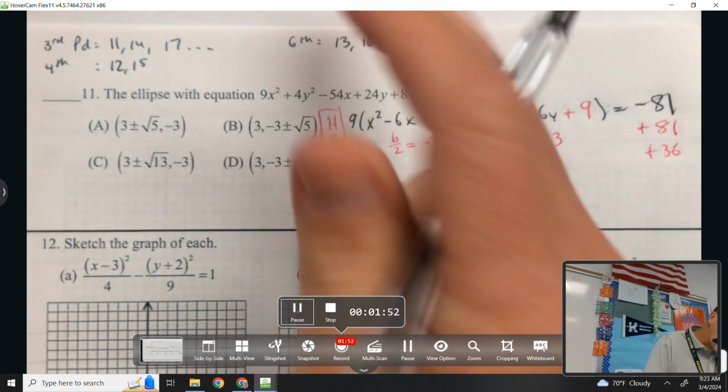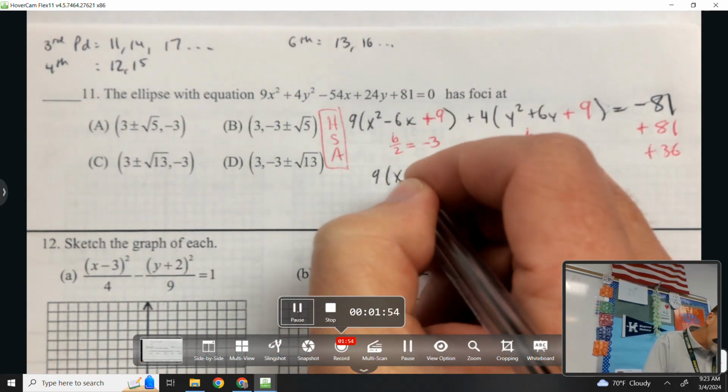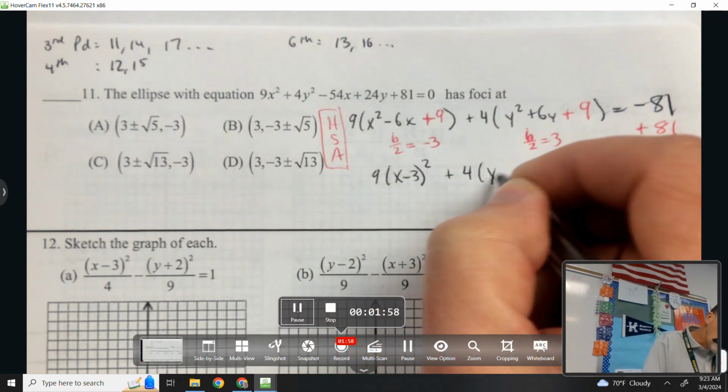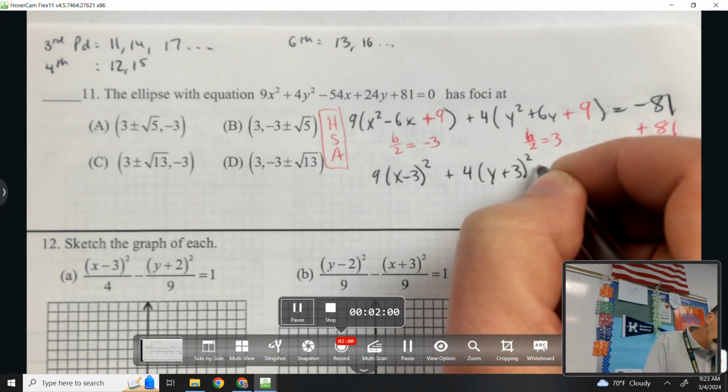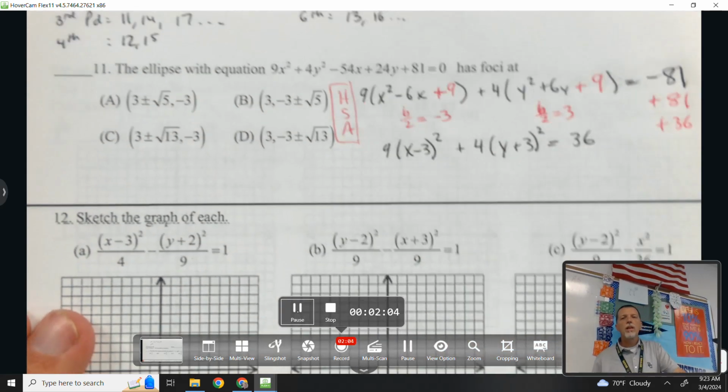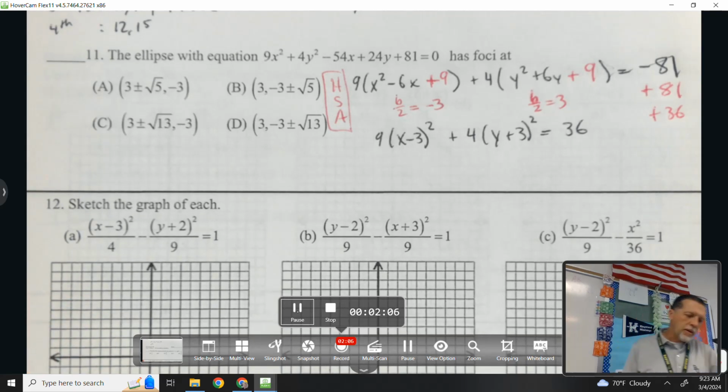So I've got 9 times x minus 3 squared plus 4 times y plus 3 squared equals 36. Divide everybody by 36.